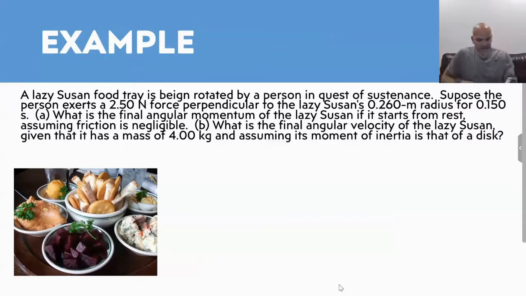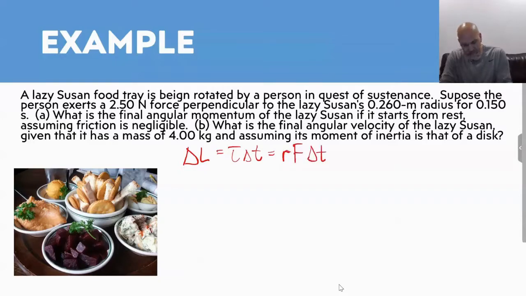So here we're going to start with our change in angular momentum is going to be tau delta t. Well, but tau, remember, is r times F, delta t. But if my initial angular momentum is 0 or starts from rest, I can just simply say that L equals RF delta t.